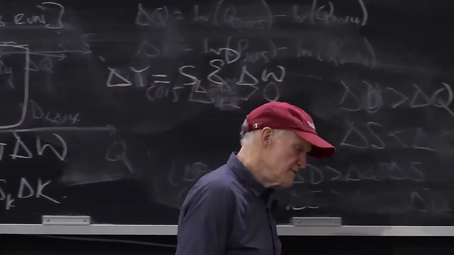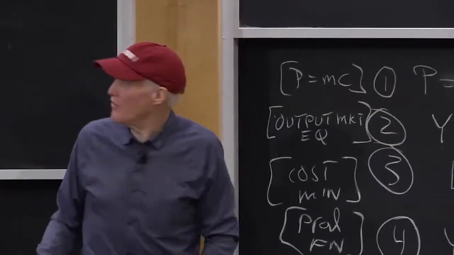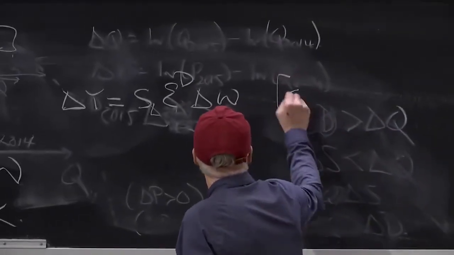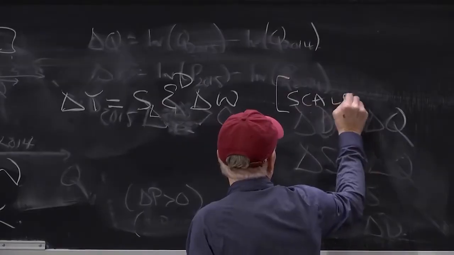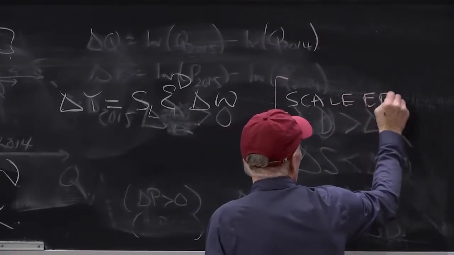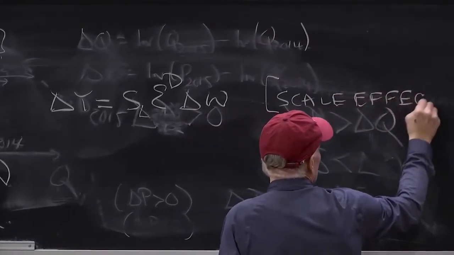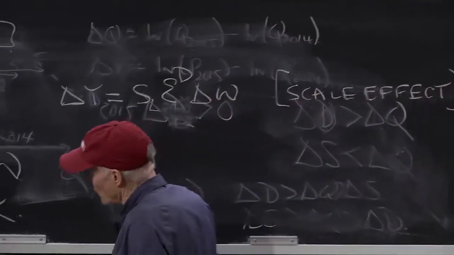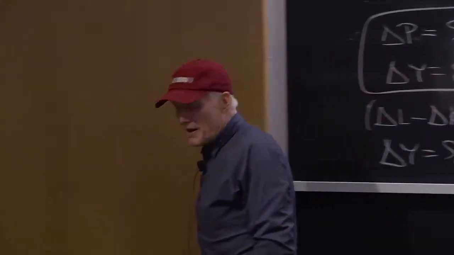Right? So people see that? This is what we call the scale effect. That is, in this industry, there's going to be less output. Why is there less output? There's less output because labor costs went up. That's going to raise product prices. That's going to cause output to fall.